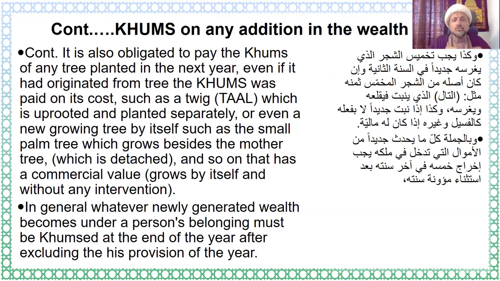It is obligatory to pay the khums of it في آخر سنته, at the end of his year, بعد استثناء مؤونة سنته, after exempting the provision of the year. All this is application of what we said before.